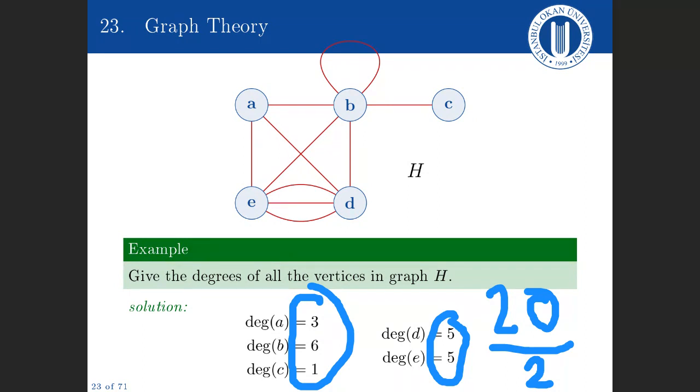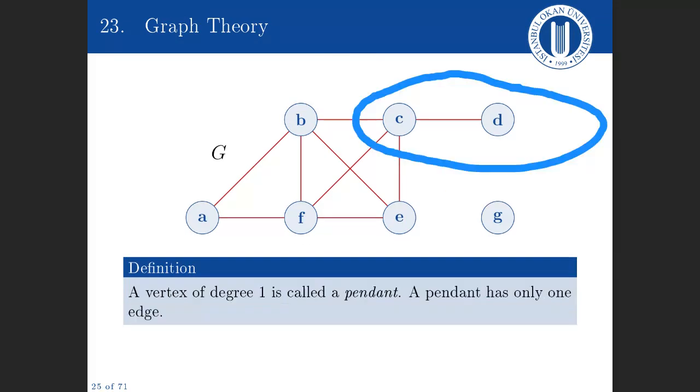So let's count them. Here's 1, 2, 3, 4, 5, 6, 7, 8, 9, 10. Yes. The number of edges in a graph is always a half multiplied by the sum of the degrees of the vertices.